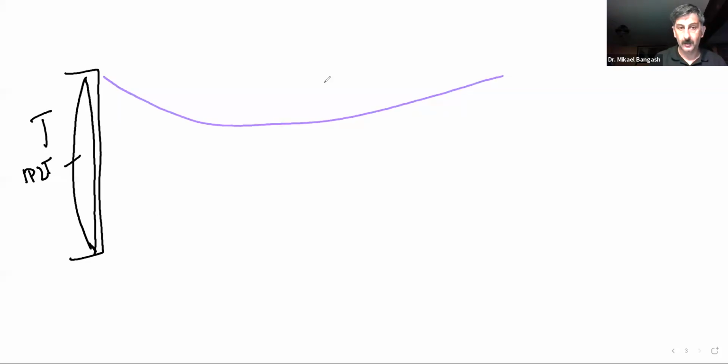We just assume that we had one single PZT, which is producing its own beam. And why do we call it a beam? Mainly because it is going to attain this shape here.